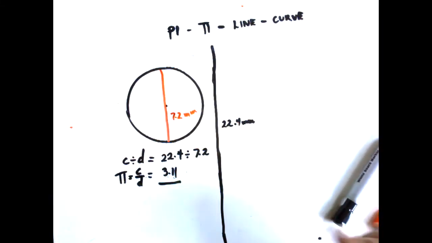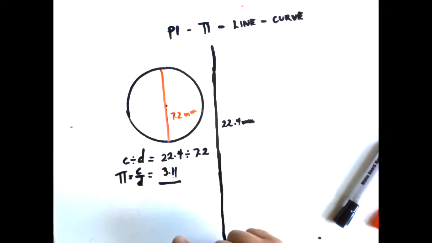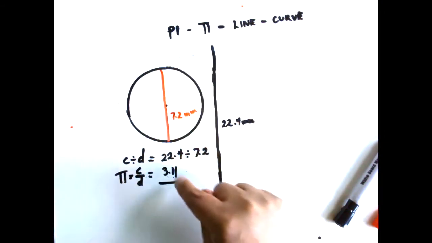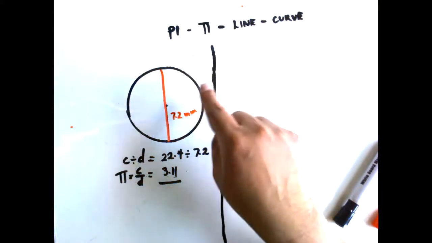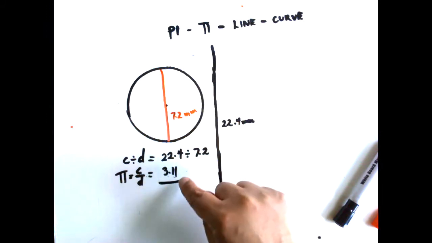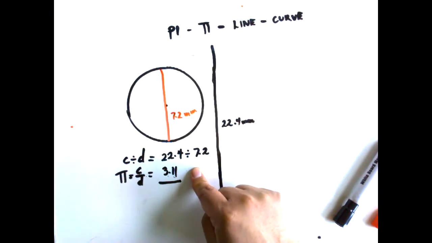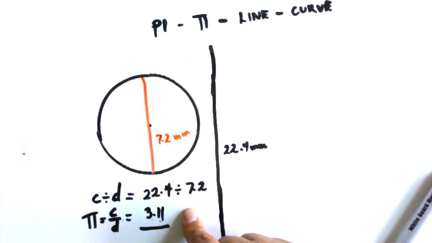Now, how do we move from this to 3.14? Because if we measure things like this, like all of you did, we can come up with this, but it's still not accurate. How can we get a more accurate measurement?